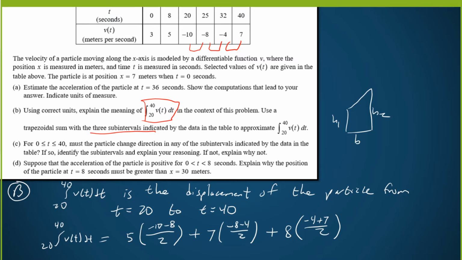Okay, then we'll throw all of this together. So I've got 5 times negative 9 plus 7 times negative 6 plus 4 by 3.